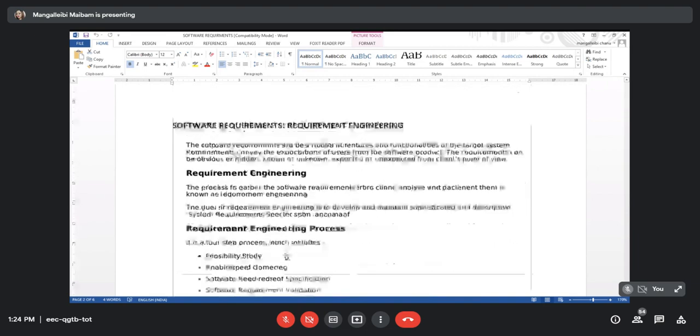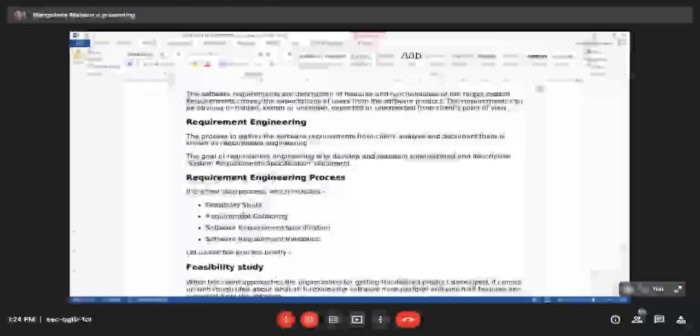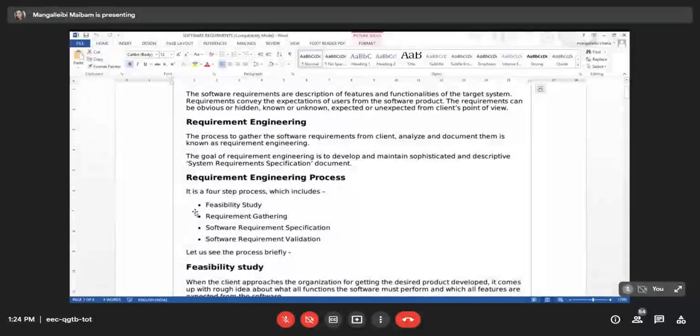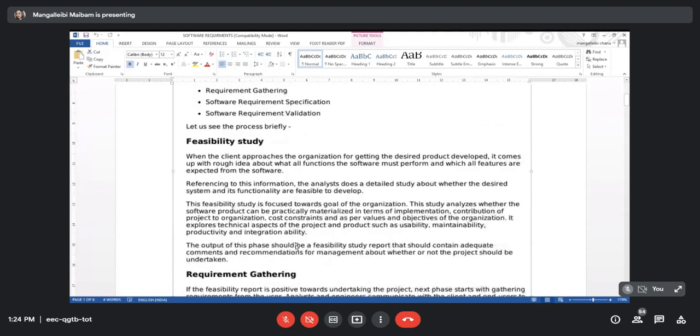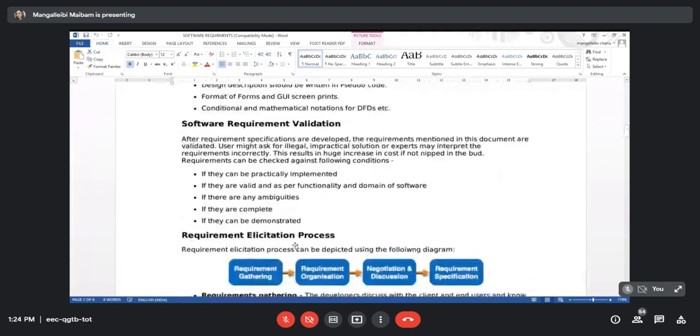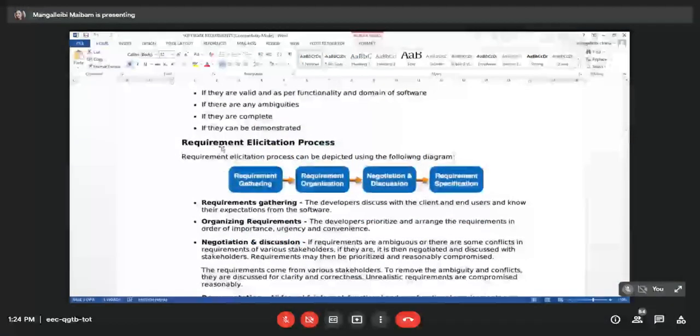So when I say requirement engineering process, what is the requirement engineering process? We have to explain about the feasibility study. We have to explain about requirement gathering. We have to explain about software requirement specification, and we have to explain about software requirement validation. And on the other hand, we also have the requirement elicitation process.